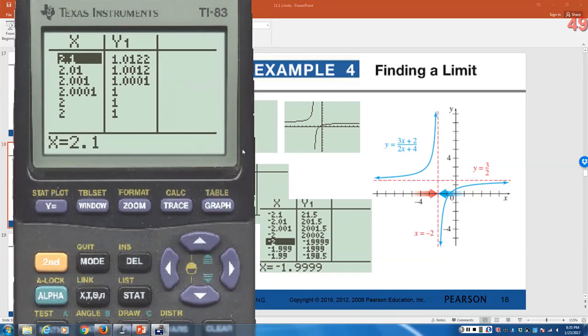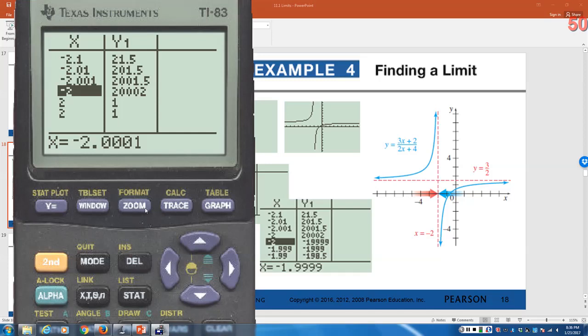Let's start out at negative 2.1, and negative 2.01, and negative 2.001, and negative 2.0001, which it translates to be negative 2, even though it really isn't quite at negative 2 yet.